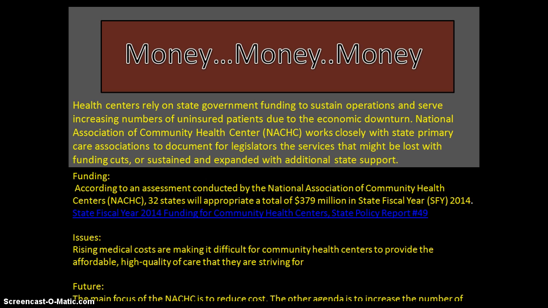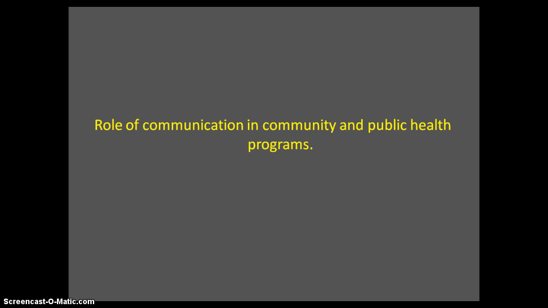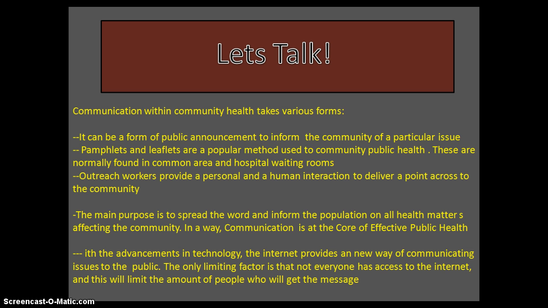In the future, you can see that the NACHC is working towards reducing medical costs and trying to reduce the number of uninsured. We're trying to get rid of the 45 million uninsured people we have in the United States right now.